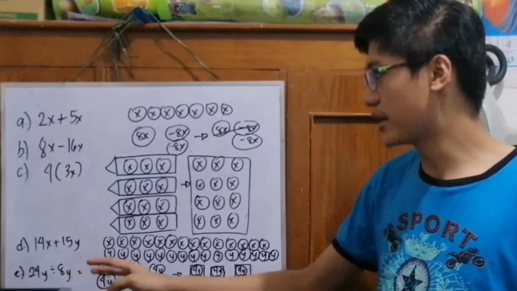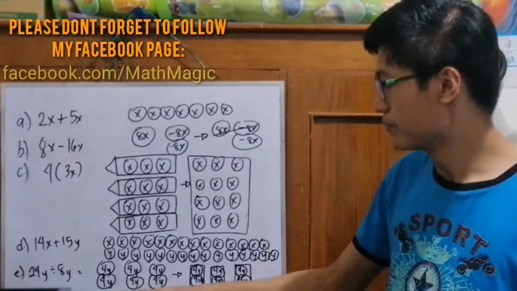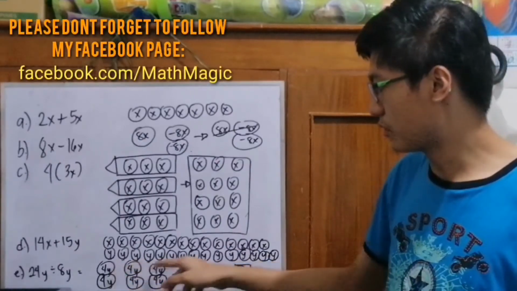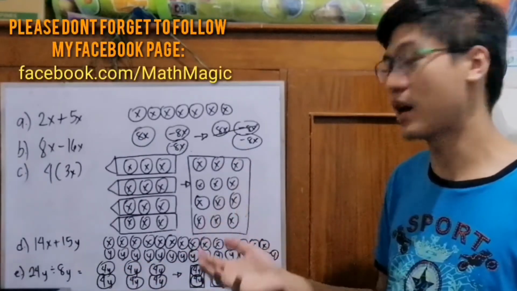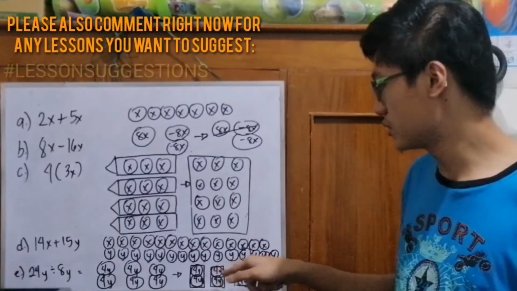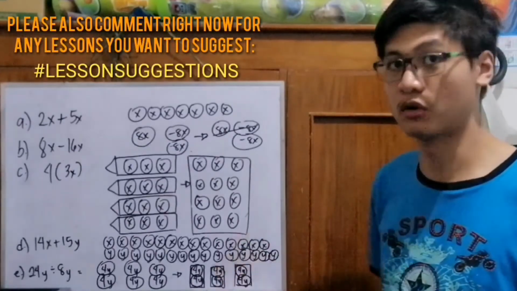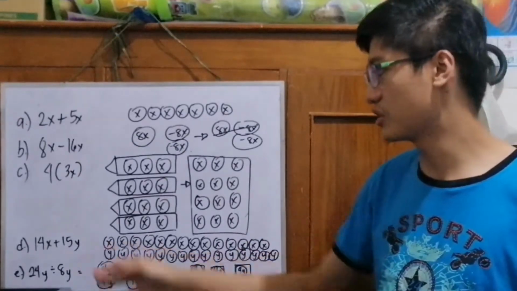How about 24y divided by 8y? This is the representation using algebra discs, and we would see that I put 1, 2, 3, 4, 5, 6 of 4 y's, and I group them into 3. So I would count 1, 2, 3, that is 3 groups of 4 y's. So what would be our answer for this problem?